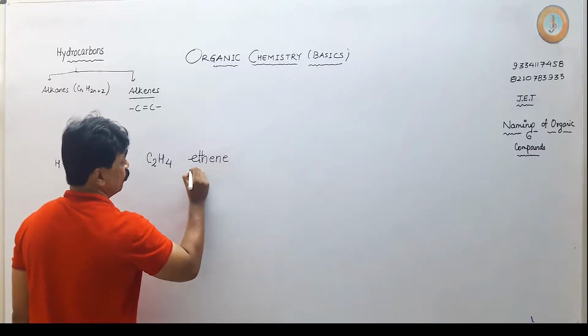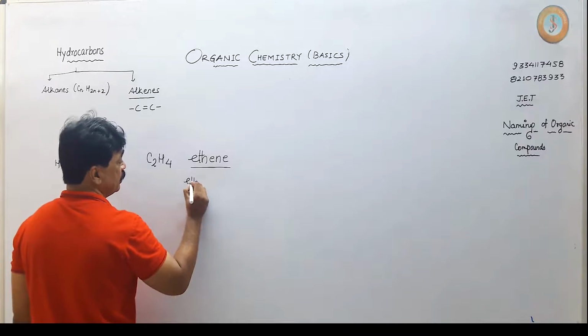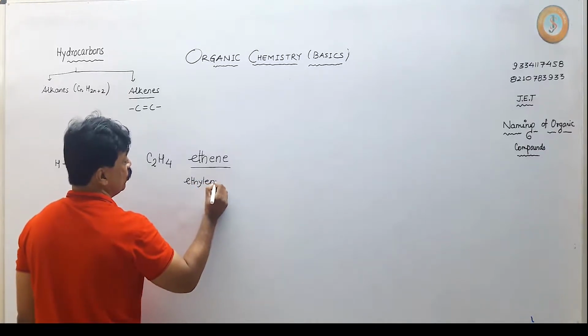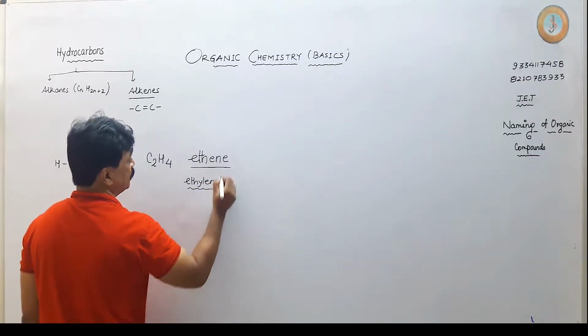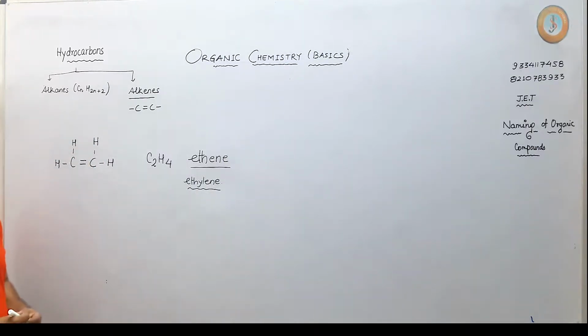Ene means double bond, so it is ethene. Remember, only for your purpose, that this compound is also known as ethylene, but its more accepted name, given by the International Union of Pure and Applied Chemistry, is ethene.